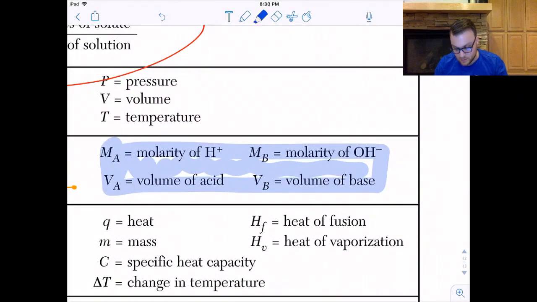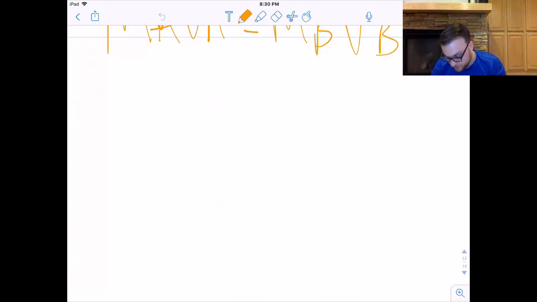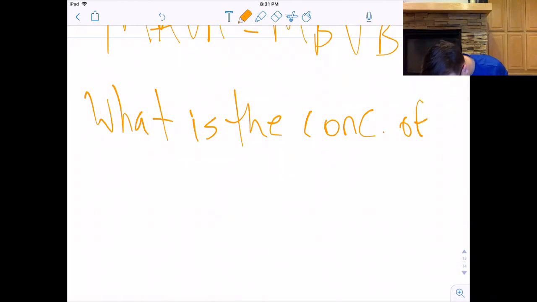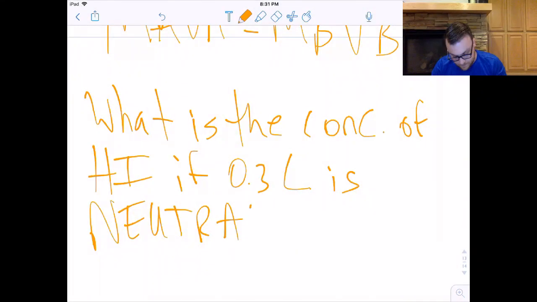What is the concentration of HI if 0.3 liters is neutralized by 0.6 liters of 0.2 molar KOH?